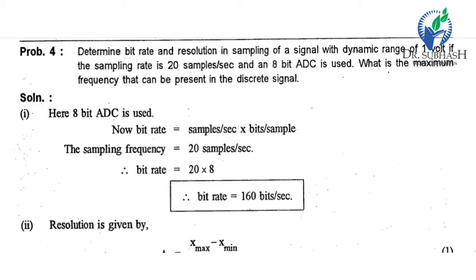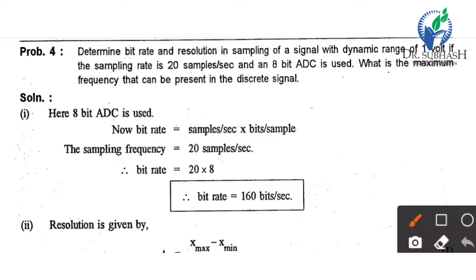So here an 8-bit ADC is used. Now bit rate equals samples per second multiplied by bits per sample. So samples cancel and we get bits per second, that is our bit rate.